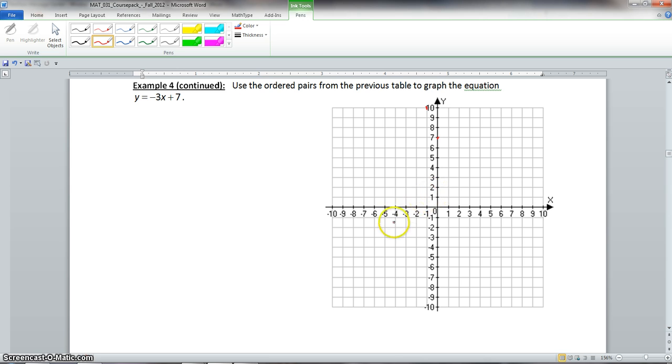Okay, now we have (1, 4). We start at the origin, we'll go to the right 1 and then up 4. And last but not least, we have (2, 1). We will go to the right 2 and up 1.